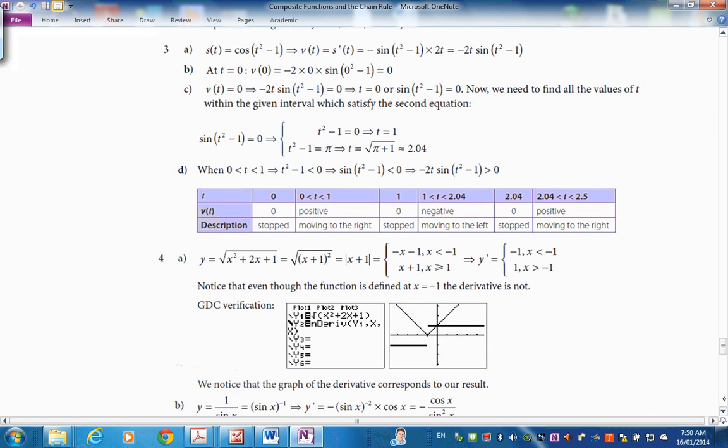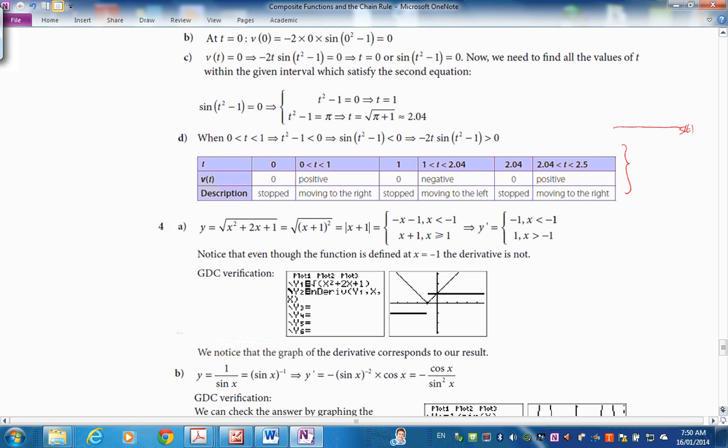Okay, there's question 3, part of 4. Rather than this table, it's often useful to draw a displacement line, isn't it? And map it out at various points. Okay, let's look at question 4.